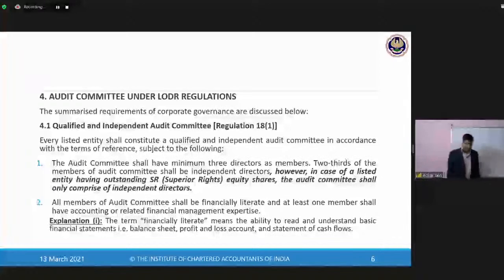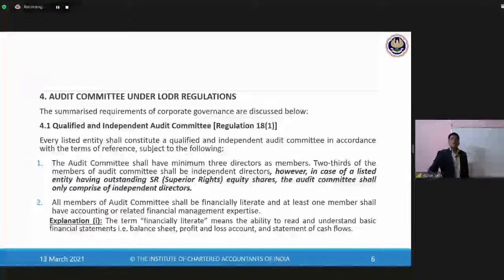Please understand that these requirements related to the audit committee are given under the LODR regulations. Means LODR regulations require a few things in terms of eligibility, in terms of roles and responsibilities, and various points related to the audit committee.